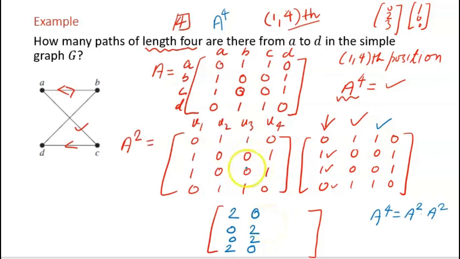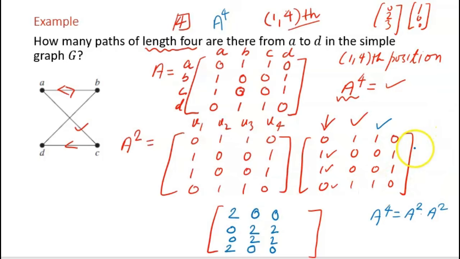Here we take 1 times the first column and 1 times the last column, and 0 times the second and third columns. So the scalars I am taking are: this is the first scalar, this is the second, this is the third, and this is the fourth. In the end I am getting 0, 2, 2, 0.